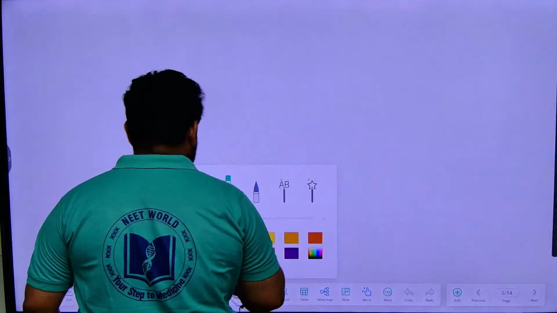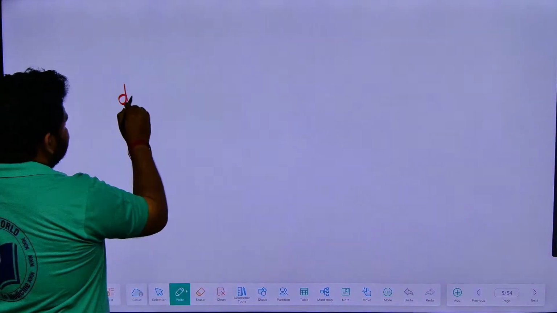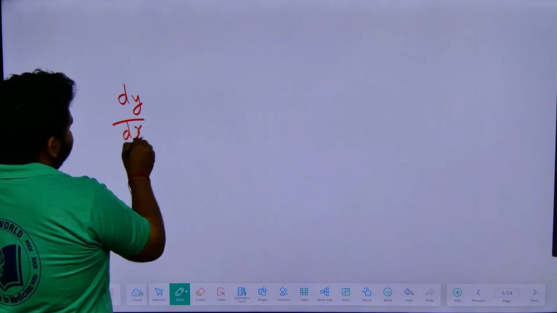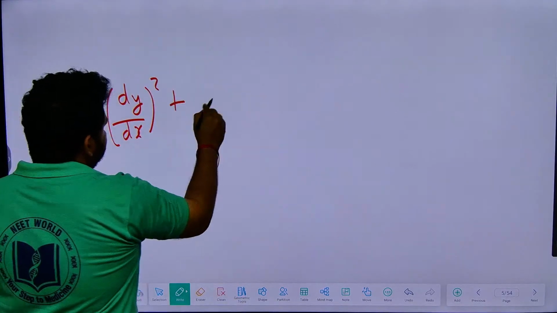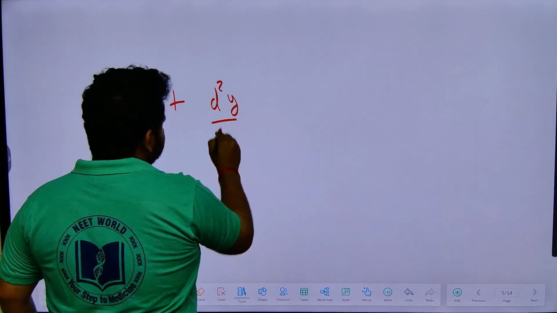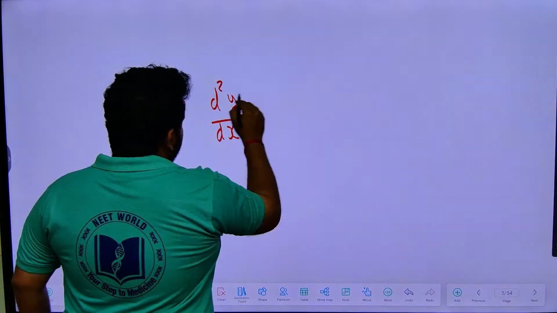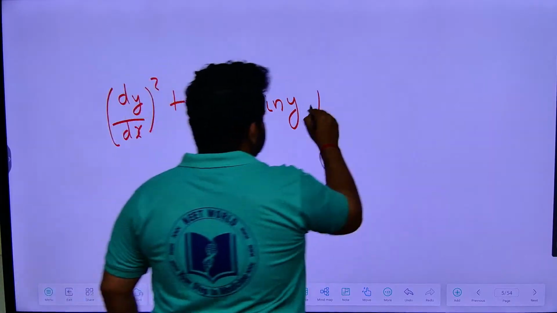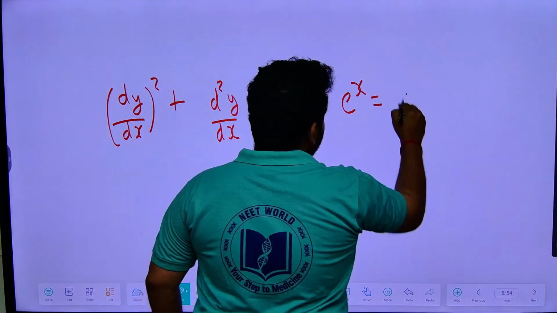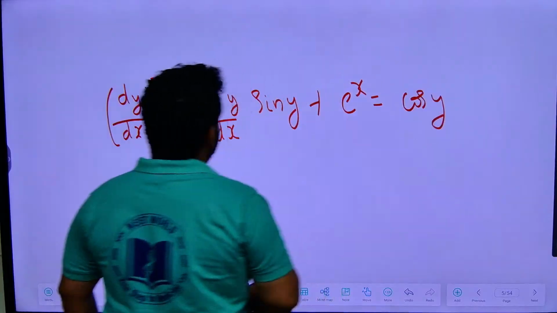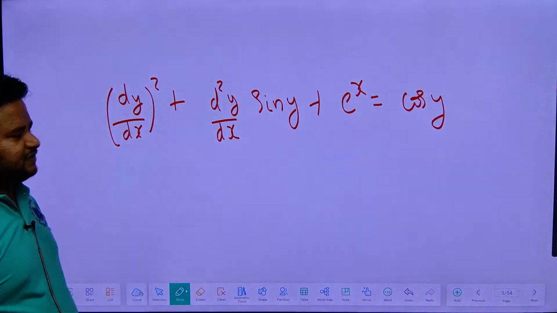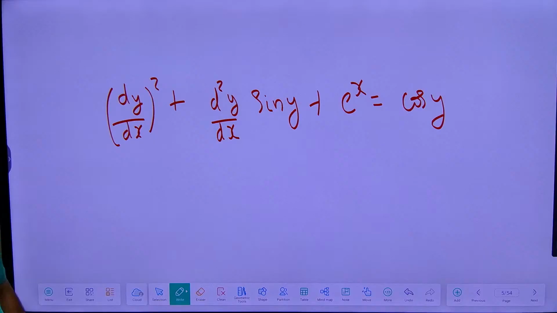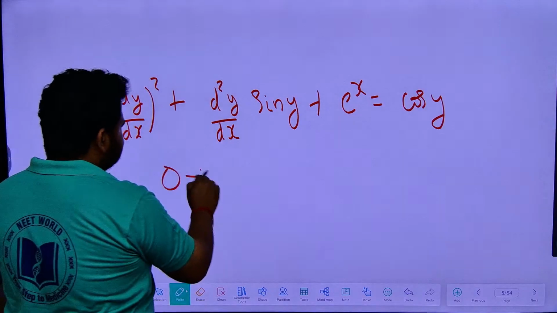Now, if I write dy by dx whole square plus d square y by dx, sin y plus e power x is equal to cos phi. What is the order of the differential equation here? The order is 2.